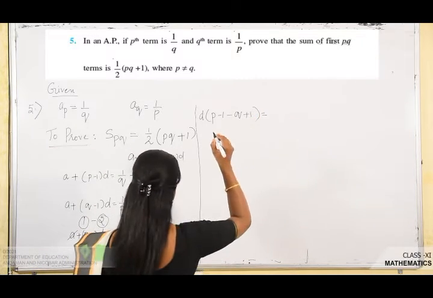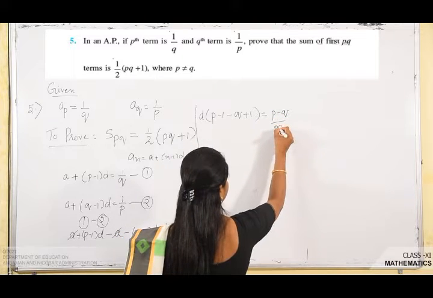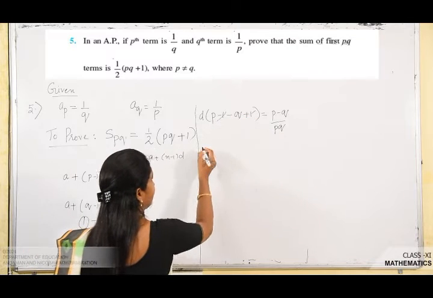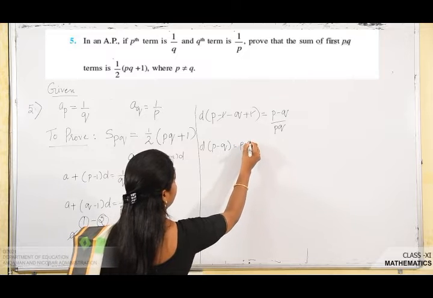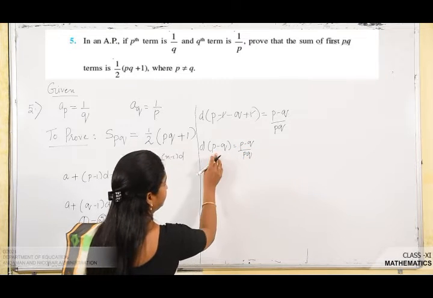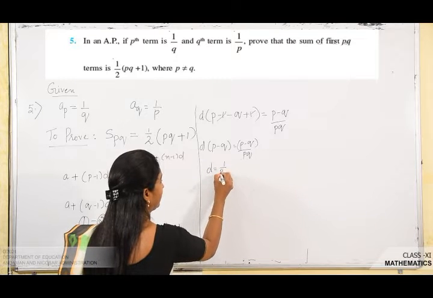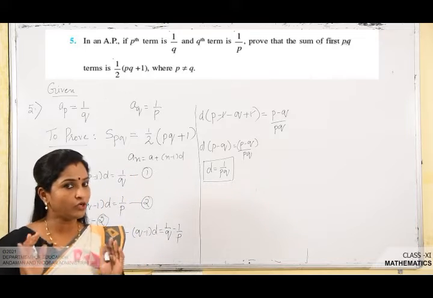That will be equal to, cross multiplying, (p minus q) by pq. Now the 1 cancels out, so d into (p minus q) is equal to (p minus q) by pq, and this p minus q also cancels out, and finally you get 1 by pq as d. So you got the common difference.